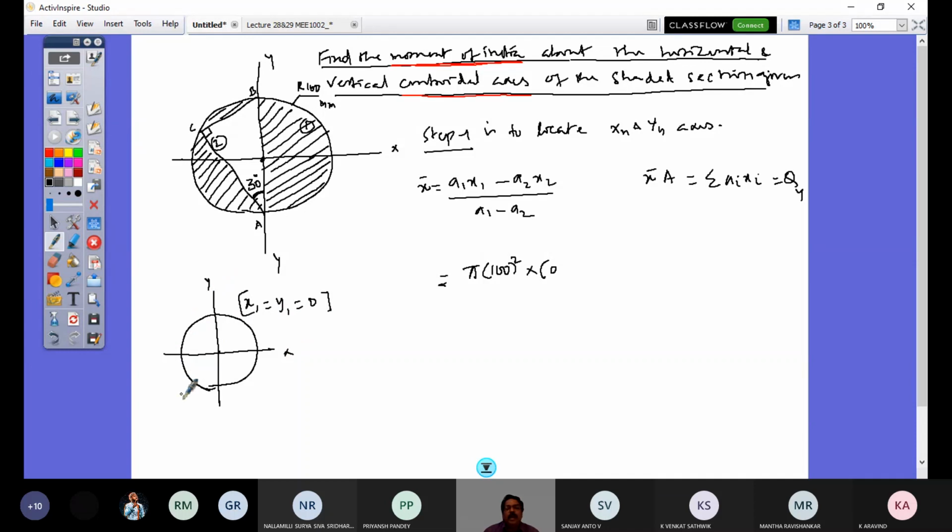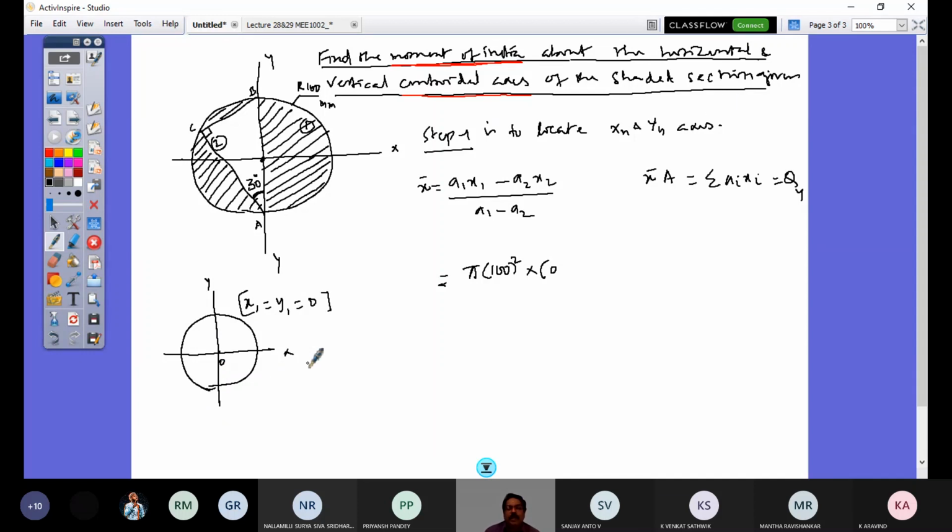If I have my axis set where I have the circle in my first quadrant, then you'd say that is R. But in this case, I refer my circle itself with respect to this axis set. So the first moment about the centroidal axis is 0. So x1, y1 is 0 for this point. So what is my second area here?